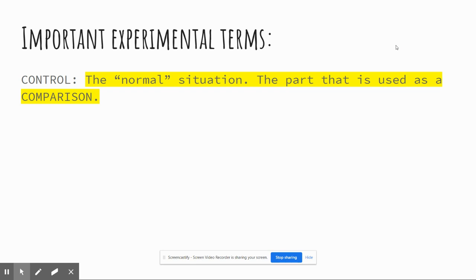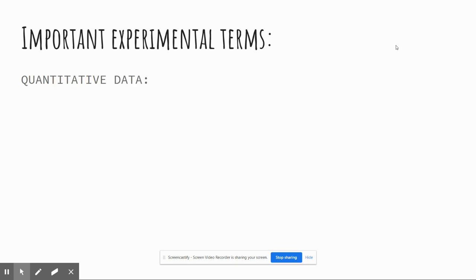There are also two different types of data that you will be collecting in an experiment. So there is quantitative data, which has an N, okay, and then there's qualitative data, which has an L there. And I like to look at the N and think that N stands for numbers. When we hear quantitative, it sounds like quantity.